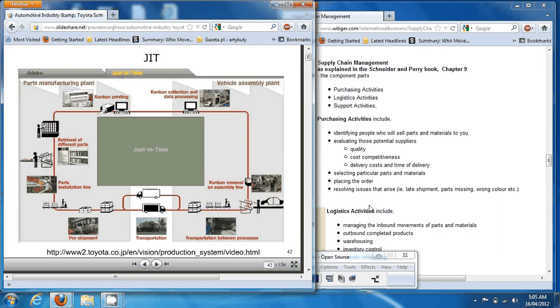And if there's a possibility of them not being able to meet that schedule, they will do whatever is in their power to get those parts to the manufacturing facility at that time.